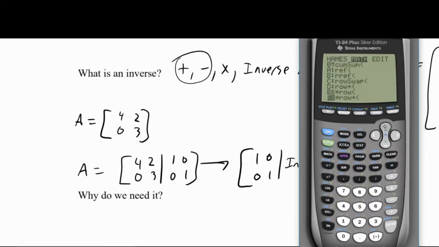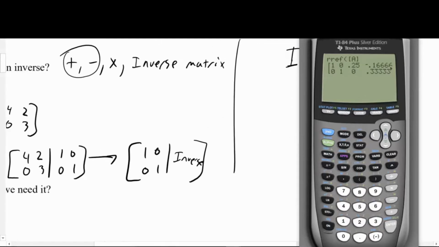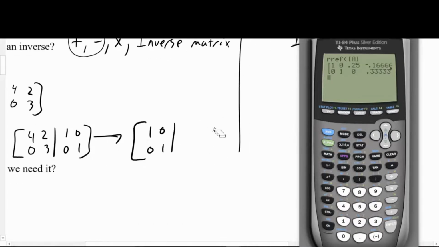So I can now go over here, go math, arrow over to reduced echelon form, and we're going to do matrix A, and voila. So now you can see my first two columns are the identity how I wanted them. So now I just have my inverse to fill in. Now here we go. So what we're going to do here is we're going to say I want to change this to a fraction so it's easier to read.